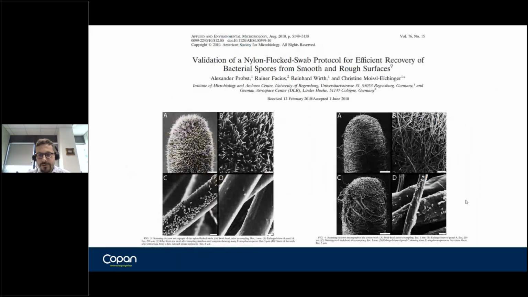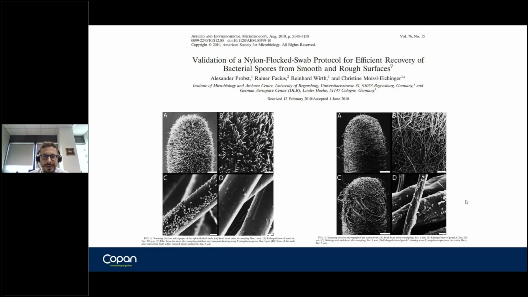This is a very interesting and very nice picture that I took from a very nice paper published by Alexander Probst in 2010. On the left, you can see the microphotography of a flock swab, compared on the right with the microphotography of a cotton swab. As you can see, the structure is completely different. You have this very hairy structure on the left on the flock swab, while it's a very close and compact structure on the cotton swab on the right.